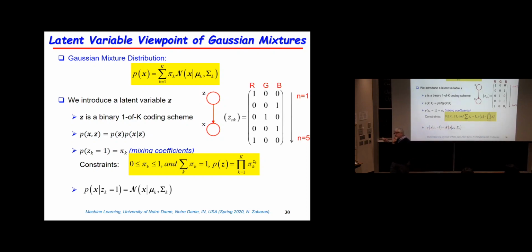Because if you take this product, how many of the zk's are 1? Either you're going to be in the blue Gaussian, or in the green, or the yellow, or the red Gaussian. So only one of the zk's is going to be 1, the rest 0. So what are you going to pick up for p of z? You're going to pick up the prior from that class, from that Gaussian. Okay? All right.